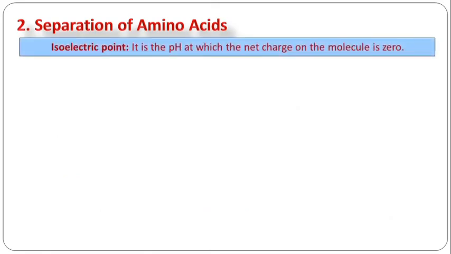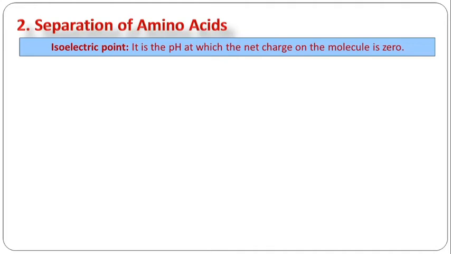Isoelectric point is the pH at which the net charge on the molecule is 0. That pH is called the isoelectric point. At that pH the amino acid is present in the Y form, that is called the zwitterion form.